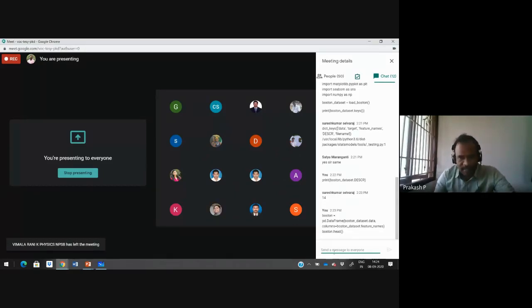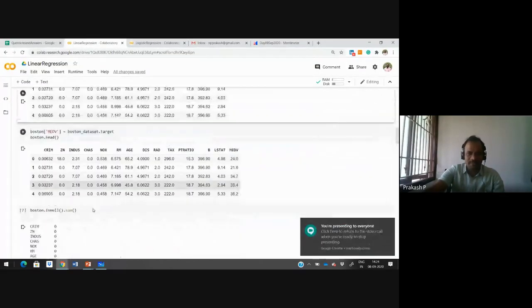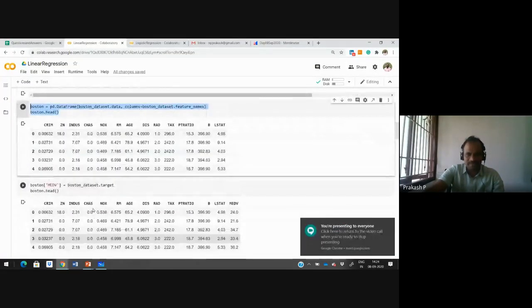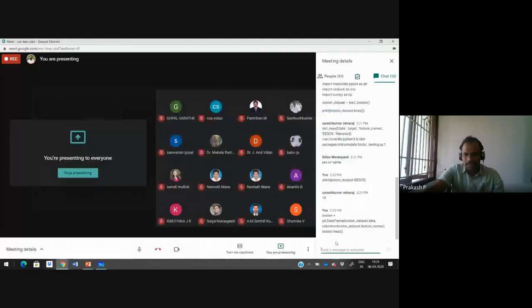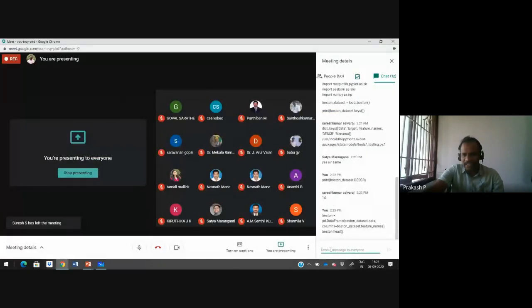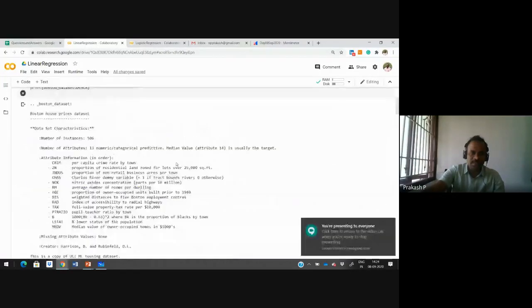Can you please check that you are able to get it? Once you are done, what result are you getting if you put Boston dot shape?